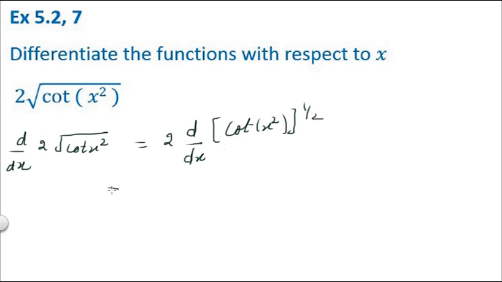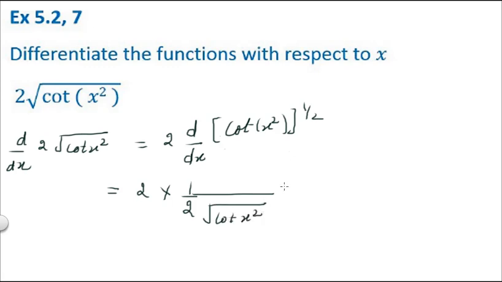Applying the formula, we will get 2 into half will come in front and the power will be half minus 1, which is minus half. So in the denominator only I can write cot of x square.